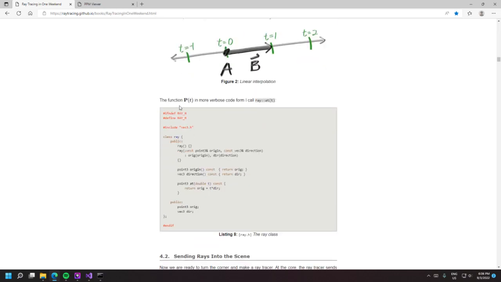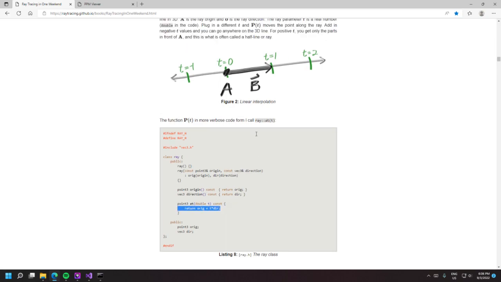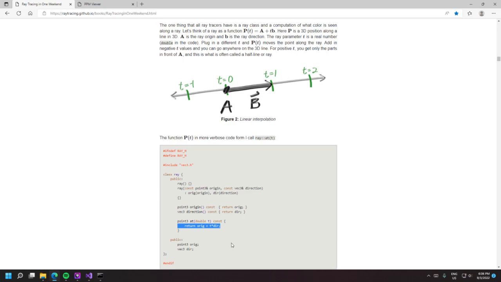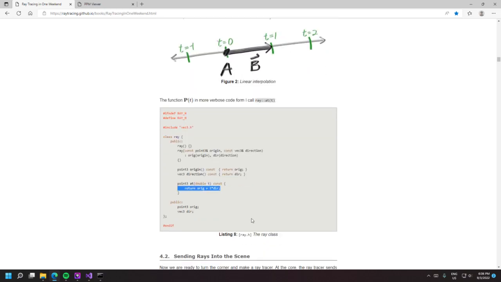Okay, the function P of t, we are going to make a function called at, double t, and this is the linear function that we just have, the A plus t times b. Okay, so let's make a ray class now.